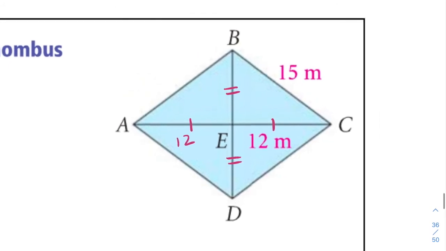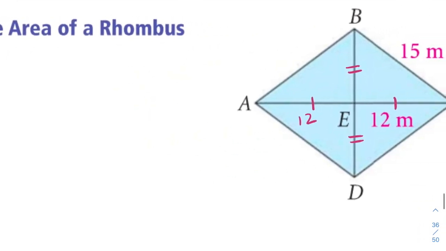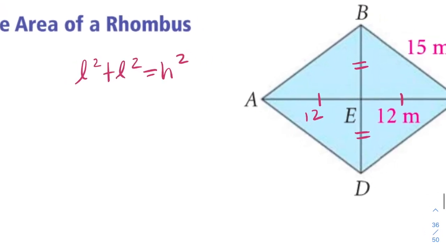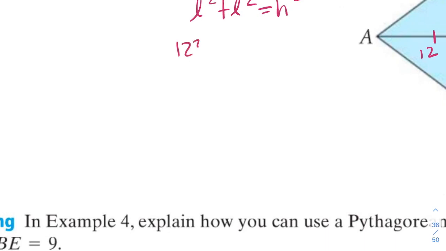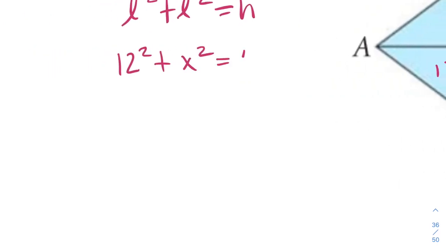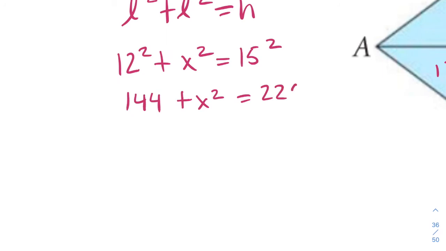But they gave me a right triangle, and what they want me to do is the Pythagorean theorem. So you either have to know your special right triangle, your Pythagorean triples, or you have to be able to do the Pythagorean theorem once for these problems. So 12 squared plus x squared equals 15 squared. 144 plus x squared equals 225.